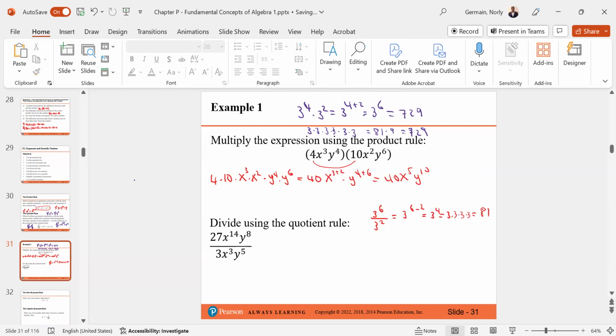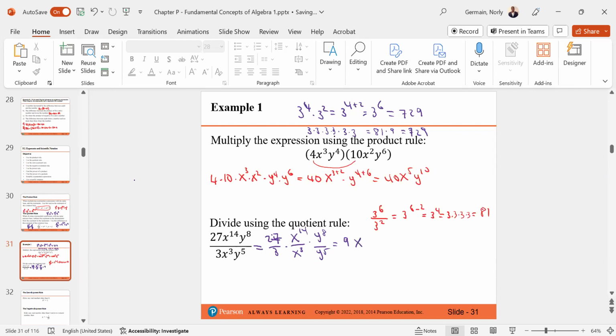Now, what you can see, focus on the constants first, real numbers first. You can say 27 over 3 times x to the 14 over x to the 3 times y to the 8 over y to the 5. So 27 over 3 gives you 9.